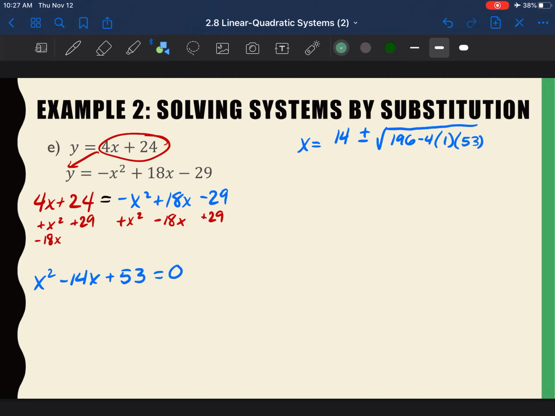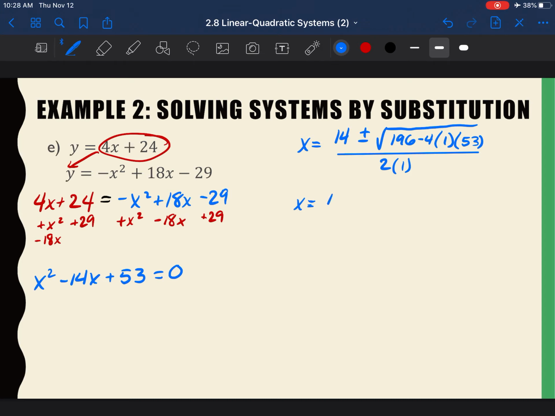Then all over 2 times a, so 2 times 1. Hopefully it wasn't factorable and I just was missing a number or made a mistake somewhere. But we'll see when I do the quadratic formula.